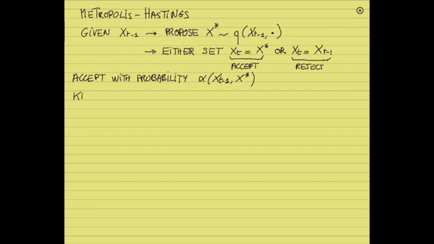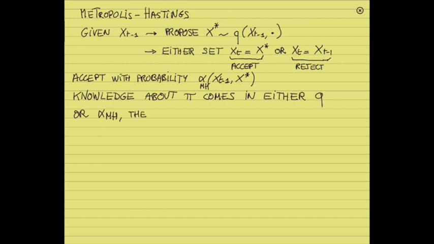It's worth noting that, of course, if we want the resulting chain to converge to the target pi, we need to plug some information about pi somewhere in this procedure. It could be in the way that we propose x star, so in the design of Q, or in the Metropolis acceptance probability alpha subscript MH.